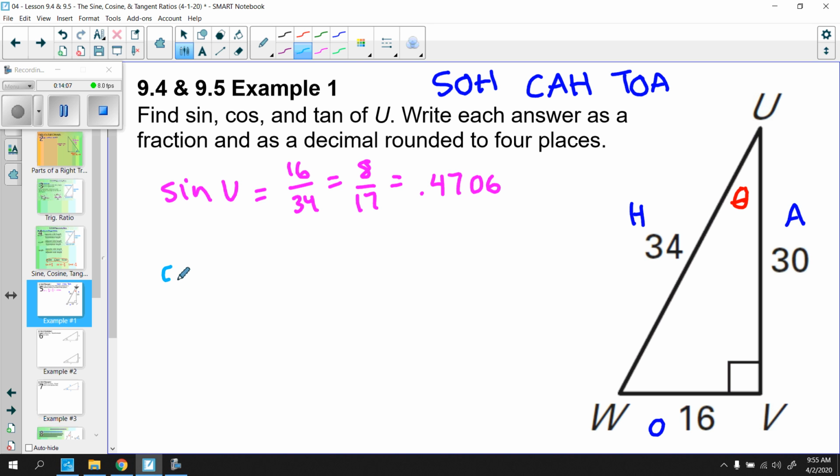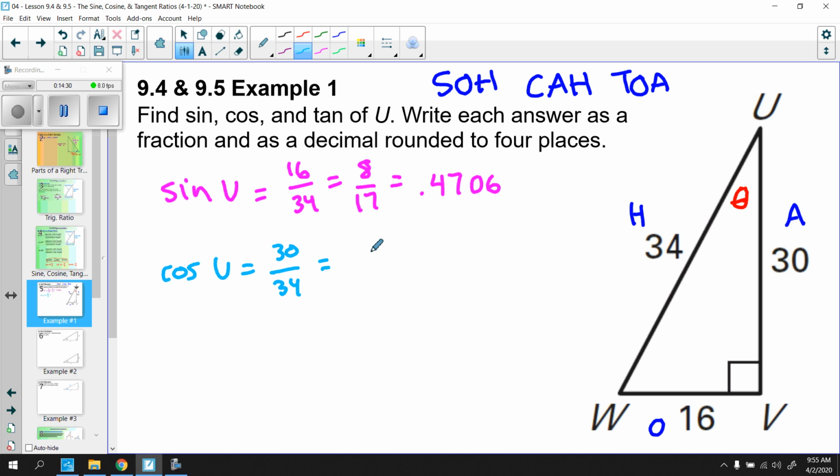So let's do cosine. Let's set up the cosine. It's just asking, what is the cosine of angle U? The cosine of angle U has to be equal to, let's see, my adjacent length, which we're saying is 30, over, here's my sheet, the hypotenuse length, which we have from the previous one. You can see on here it is 34. So we'll do the same thing.